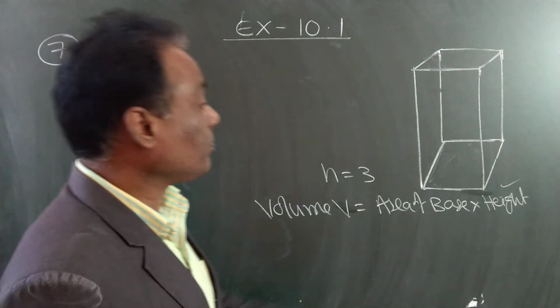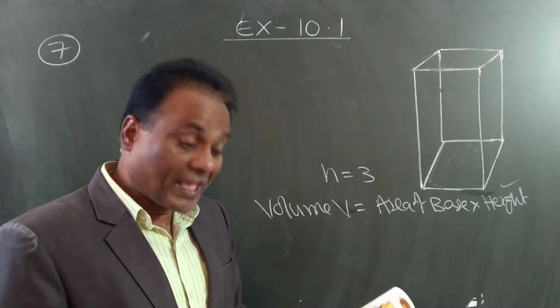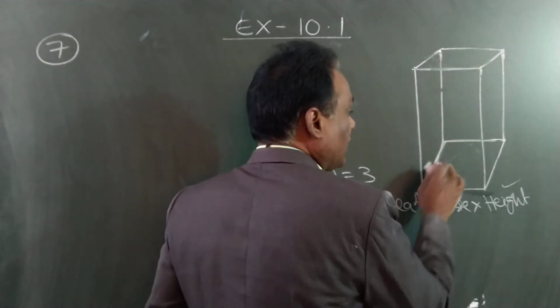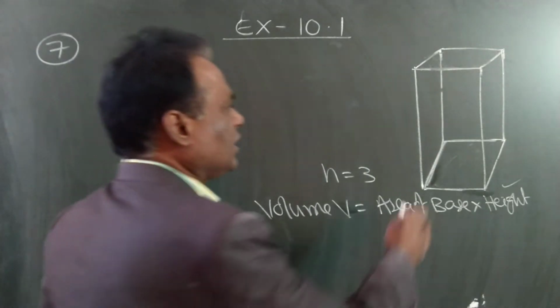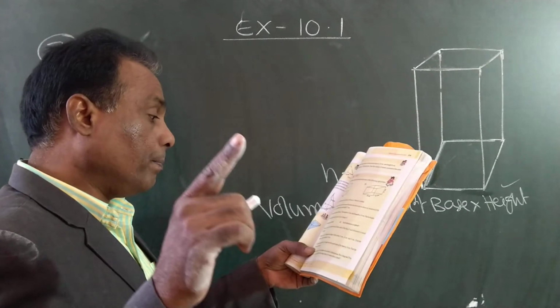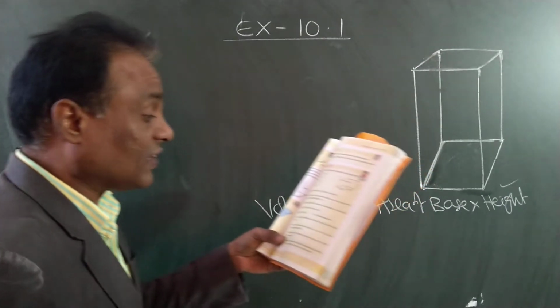What is the base? The base is in the shape of what? You see the figure, square pyramid. Square pyramid means the base is in the form of a square. Actually, 3D figures we can't draw exactly. So this base is a square. The height is 3 meters and the perimeter of its base is 16 meters.